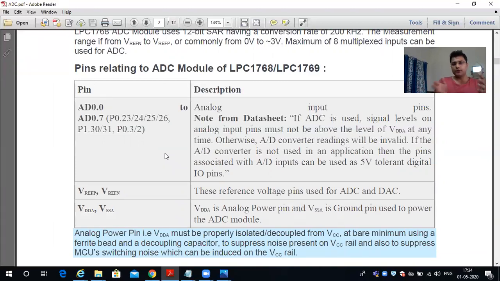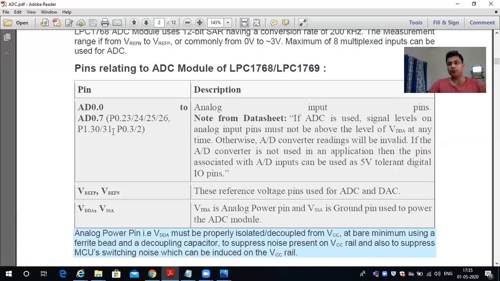Here, first we will understand how to configure a certain pin as an ADC pin. Since 8 channels are available in total, we require 8 corresponding pins, and for that we have to configure it through the pin select register.